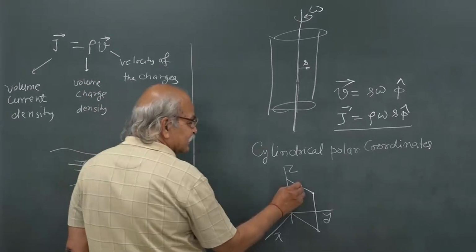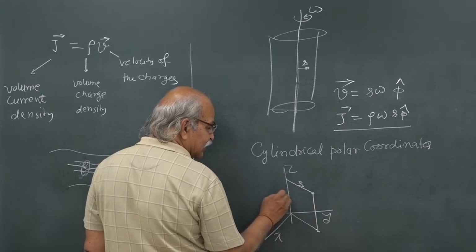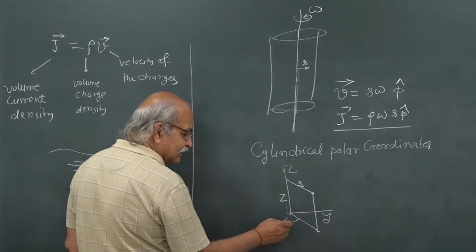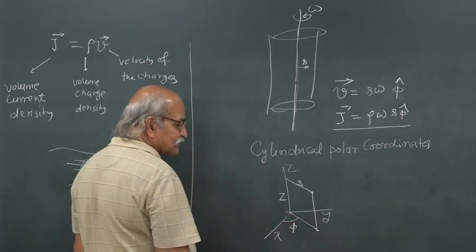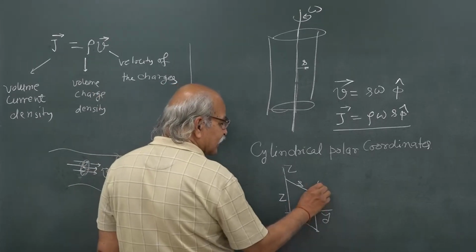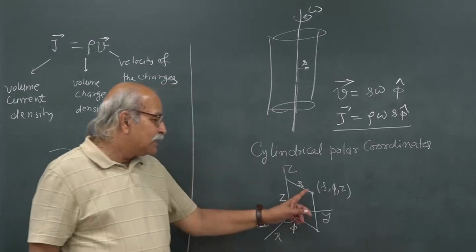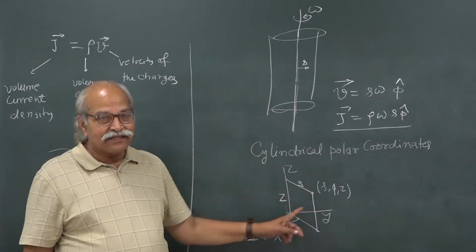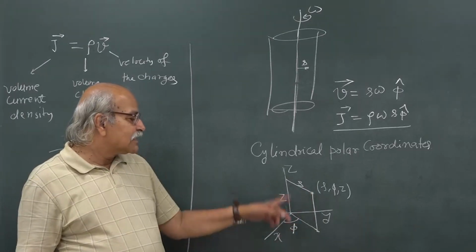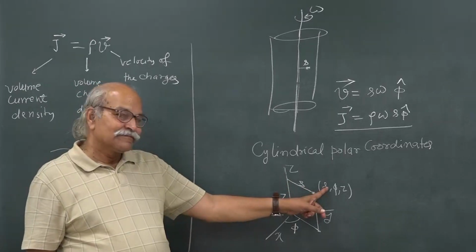Now, this distance is s, this distance is z, which is the same as this z, and this angle is phi. So, there are three coordinates: s, phi and z. If a point is given, x, y, z axes are chosen, drop a perpendicular from the point to the z axis and see how much distance it is, that is s.